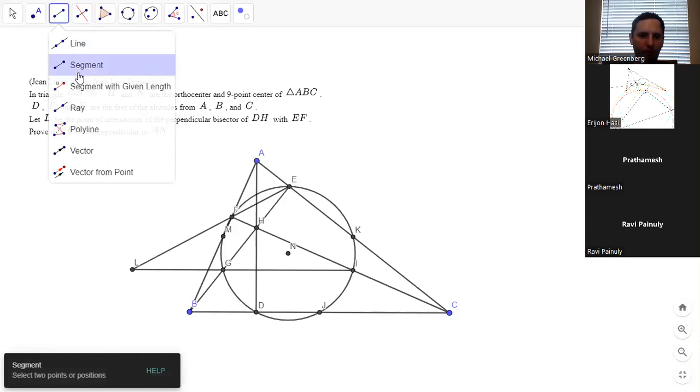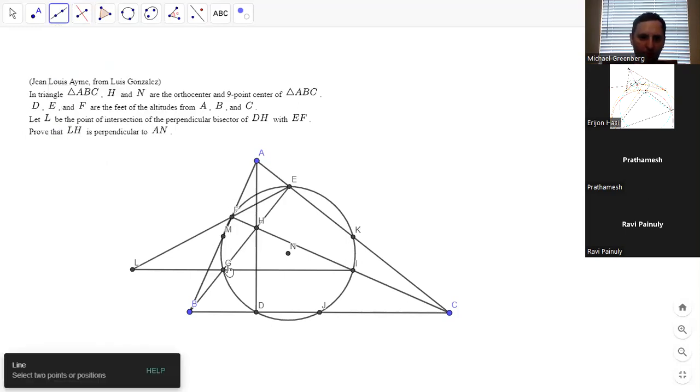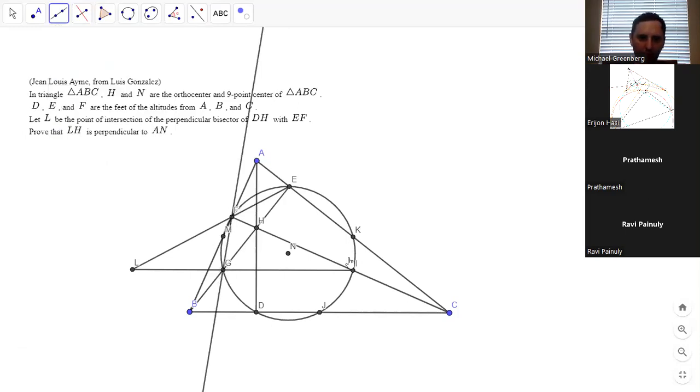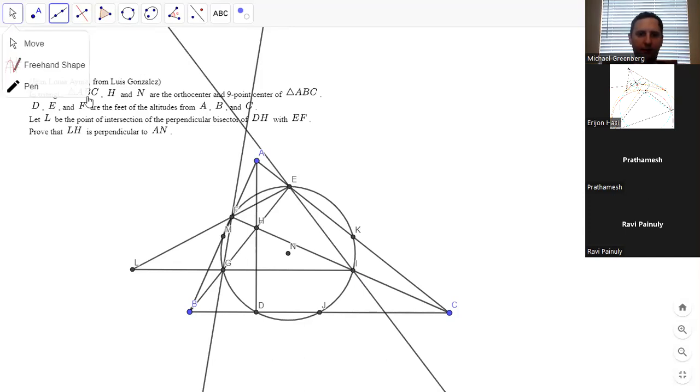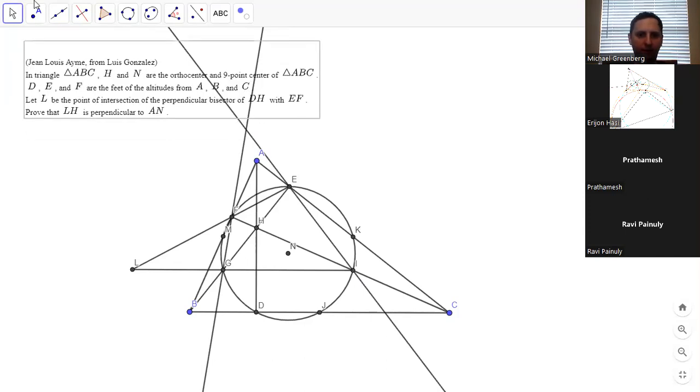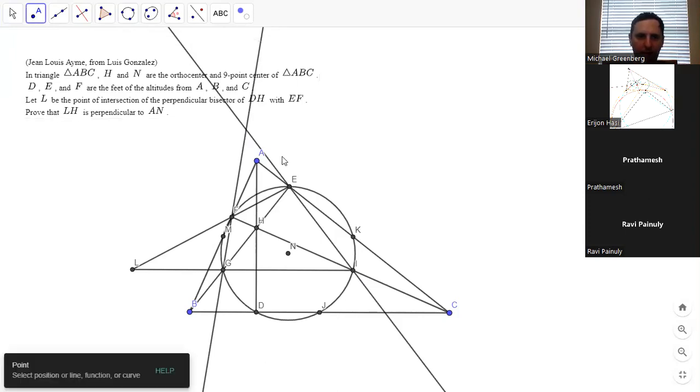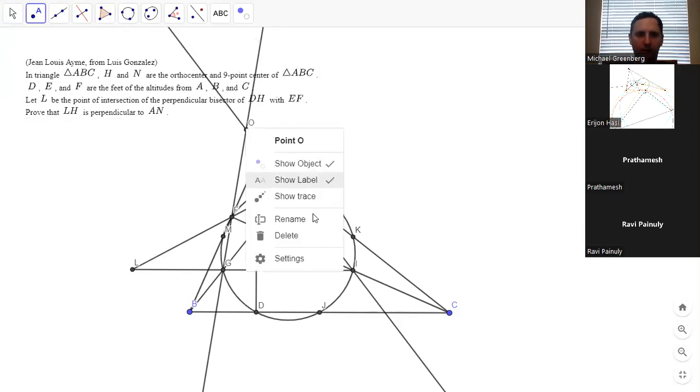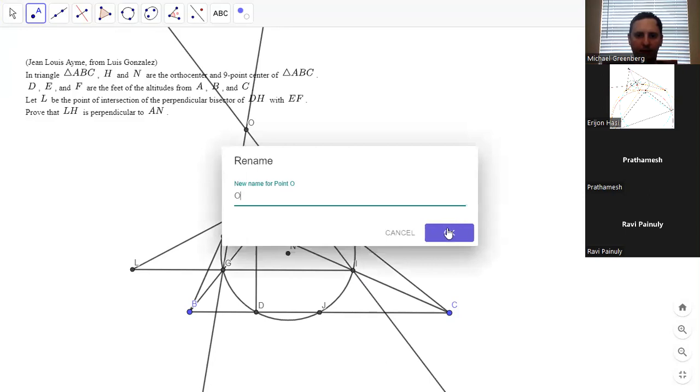So this means that LH, this means that this intersection has to be collinear with A and N. If we can prove that, that would solve it by Ricard's theorem. Yeah, so we want to show that O, let me call it P instead. We want to show that P, A, and N are collinear. That would solve it.